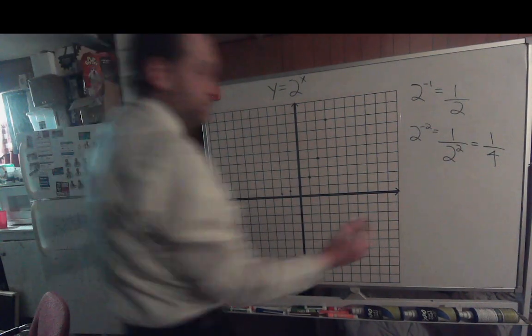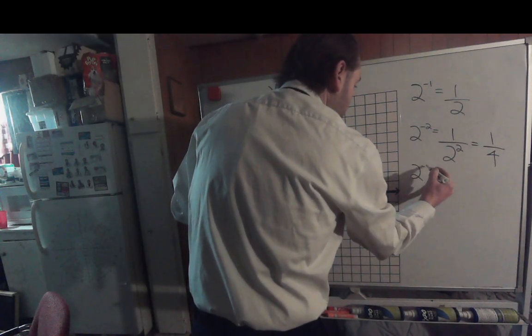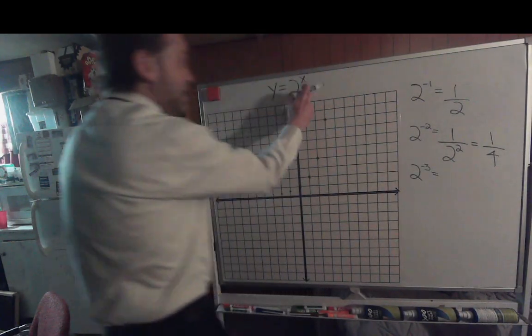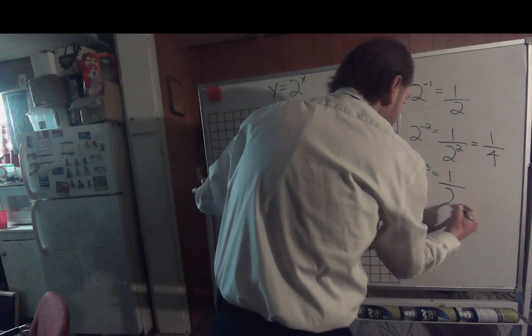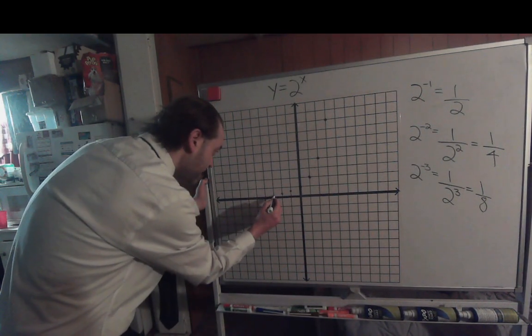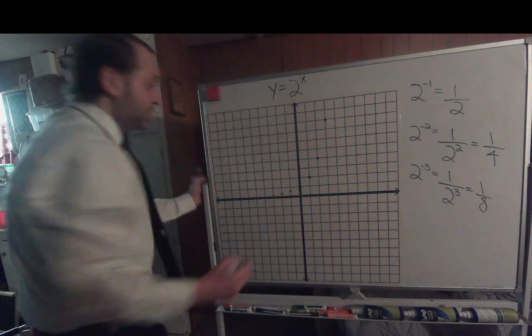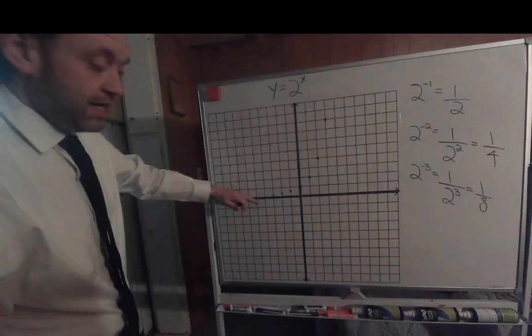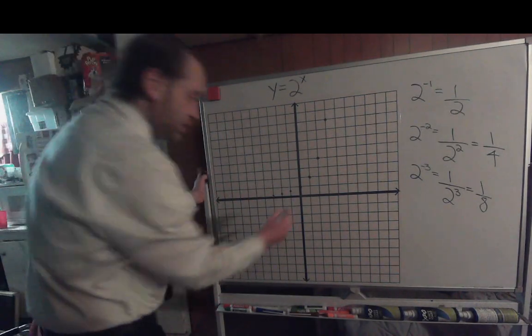And then let's do 2 to the negative third. When x is negative 3. Well, that's the same as 1 over 2 to the third, which is the same as 1/8, right? So negative 3, it's about 1/8. And then as you see, the more negative you get, the smaller it gets. Let's go ahead and graph this.